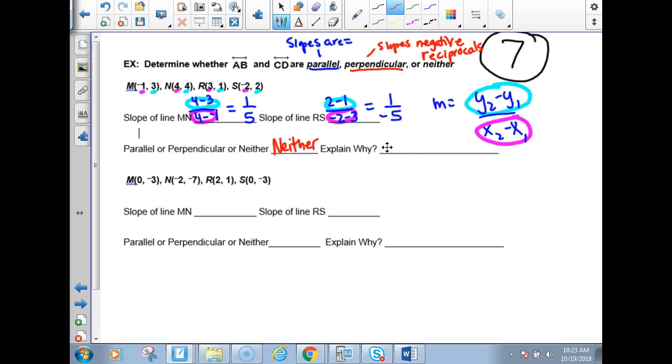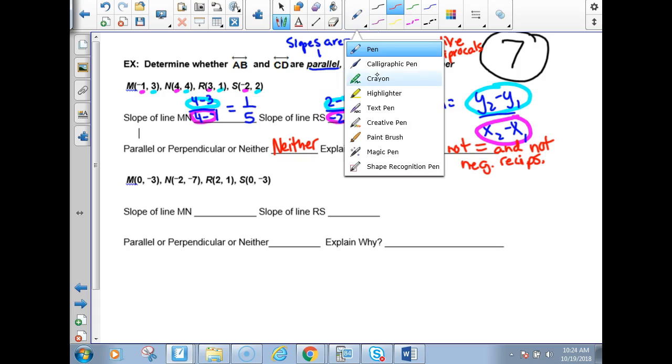And the reason why is the slopes are not equal, and they're not negative reciprocals. You can abbreviate negative NEG and reciprocals RECIPS for our notes here.